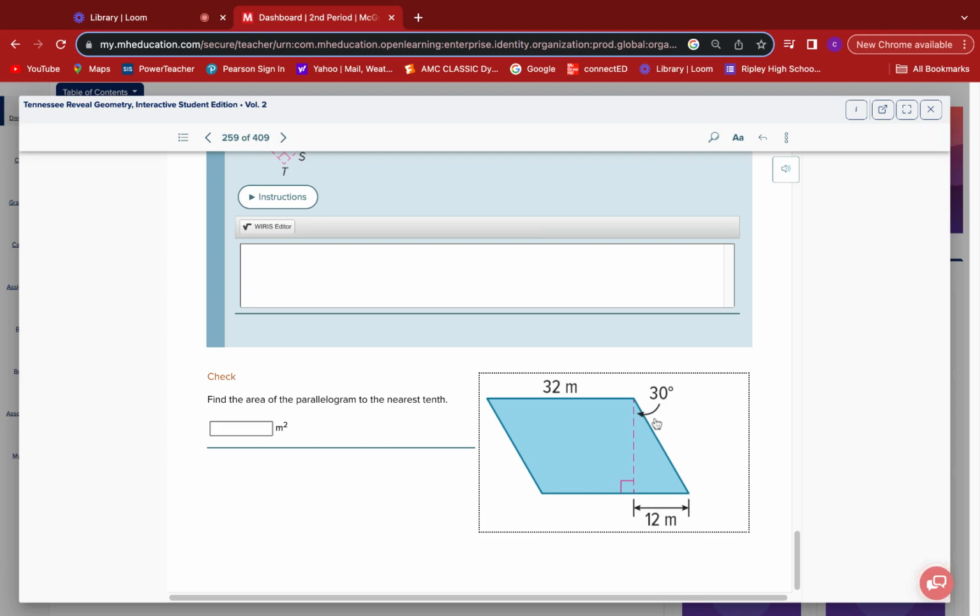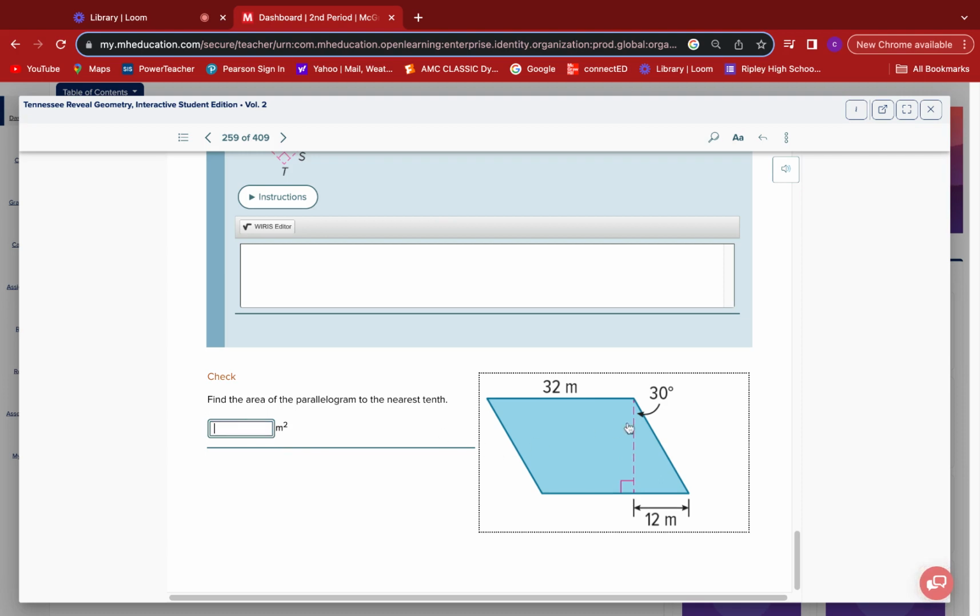If you just know that the hypotenuse is twice the length, you can use the Pythagorean theorem. But if you know that the side across from the 60 is the long side, and that's the 12 square root of 3, then you just multiply your base, 32, times your height, 12 square root of 3. Either way, that's going to get you your answer.